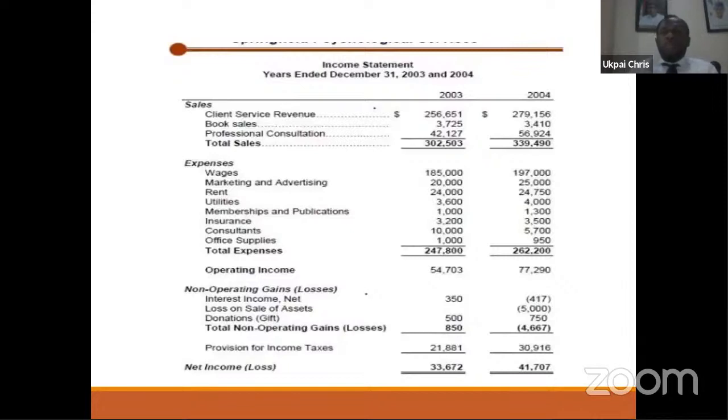Take, for example, the service we are rendering to you as EGI, consultancy services. We are training you to enable you, because that's the first step for you to apply for this. To enable you access this money for NISA microfinance, you pay us. It's an income. Some people will say it's sales, you bought something from us.